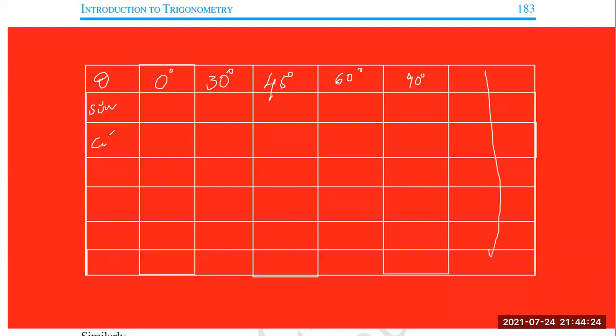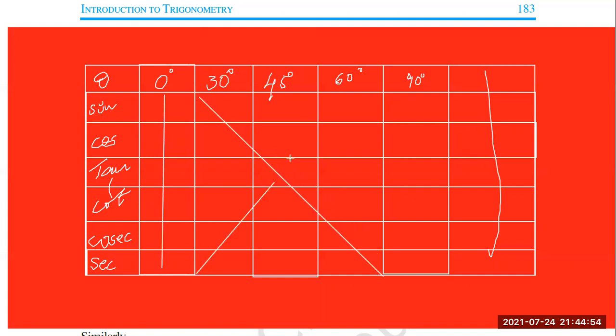Right here cos, tan, cot, then cosecant, this reciprocal of sine, and this one as secant, last one. You can leave this one blank because we haven't yet discussed this part, but for the remaining 3 parts from starting from 30 to 60 you can fill all these values.